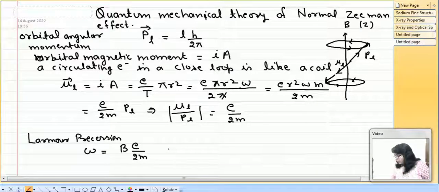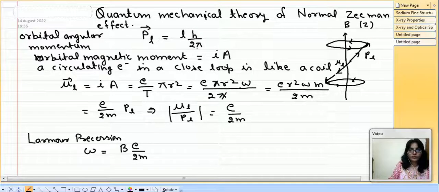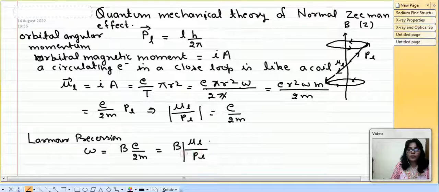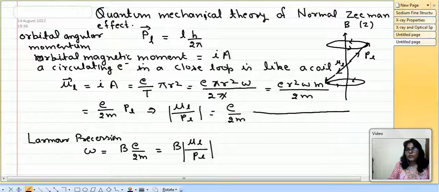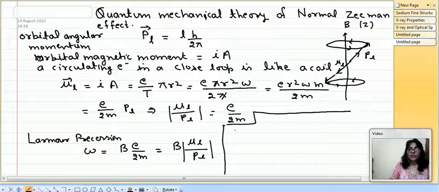Now we have to calculate what amount of energy is present. B is the magnetic field and this is mu l upon PL. So in the next step we will calculate the amount of energy which is added because of this precession or because of this interaction.